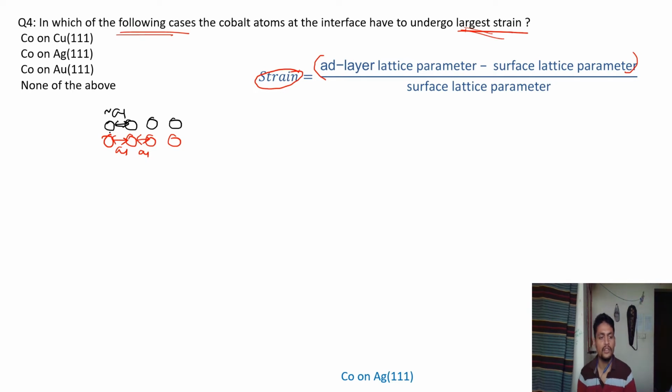They will come and sit in the most favorable position and form the add layer, so there will be no strain.